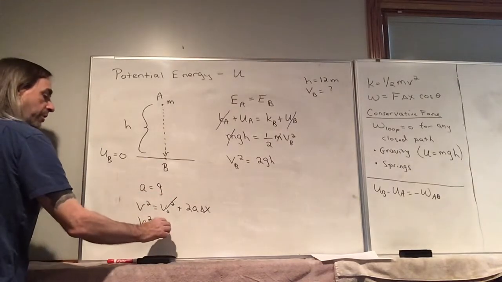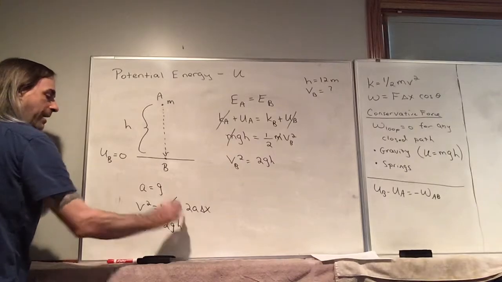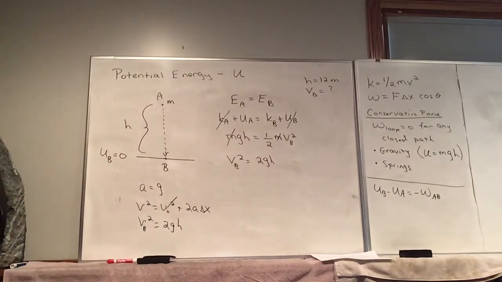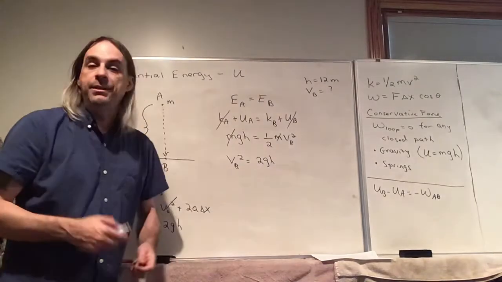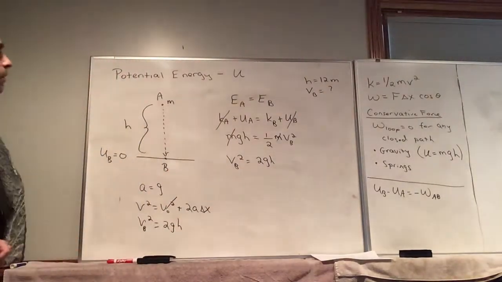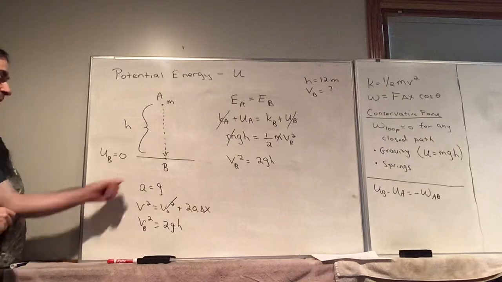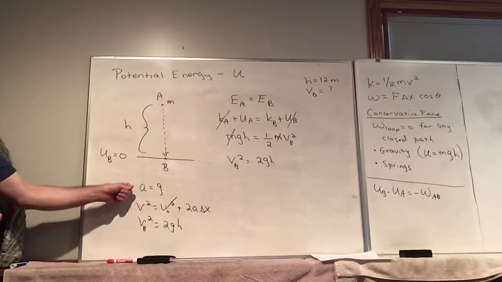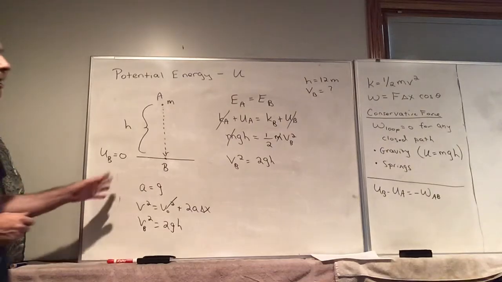The acceleration is g, and delta x, the distance fallen, is h. So vB squared equals 2gh. We're getting the exact same answer, whether we're using Newton's second law to get the acceleration and then kinematics, or using conservation of energy.